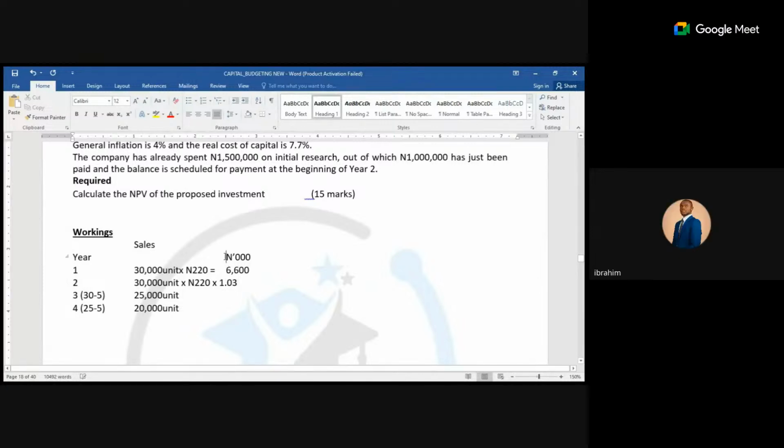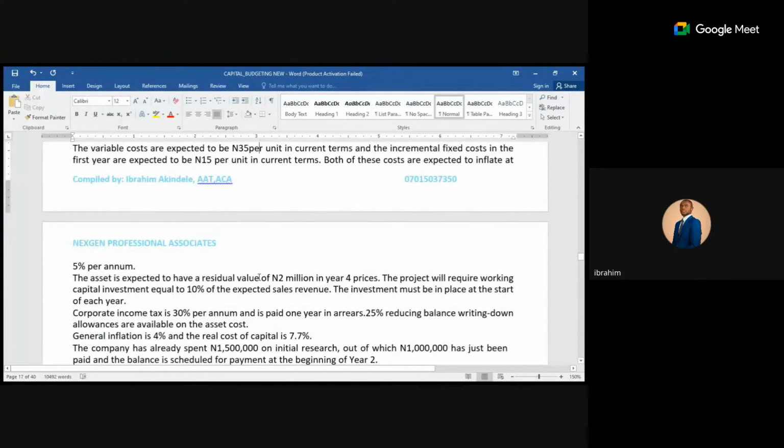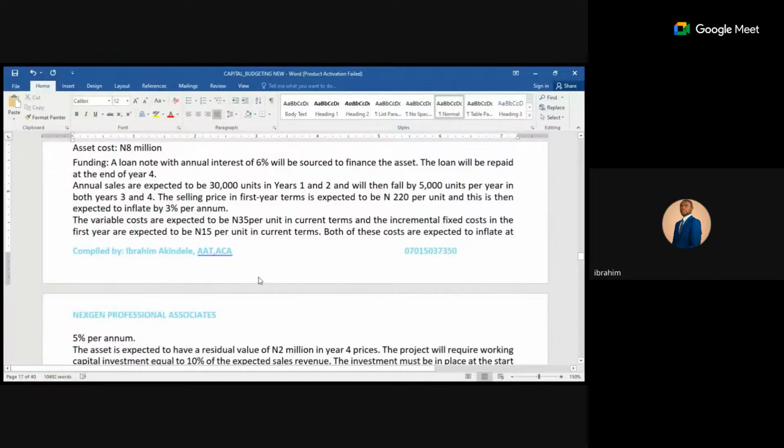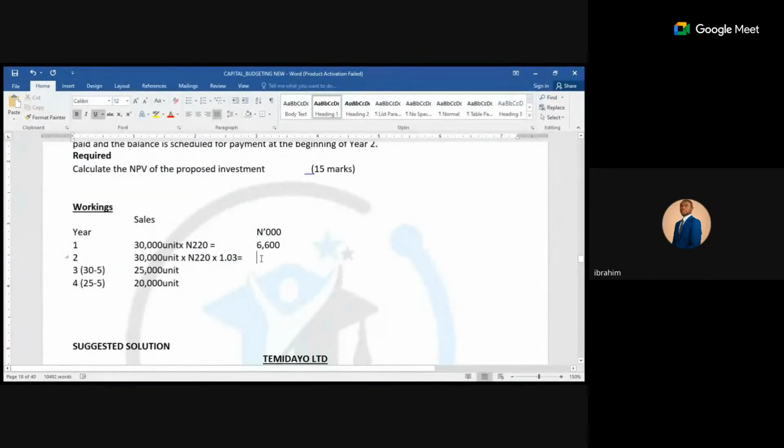Are we going to raise it to power 2? I think it's going to be raised to power 1 since it is the first year of increment. The next one will be raised to power 2. Is that not so, class?